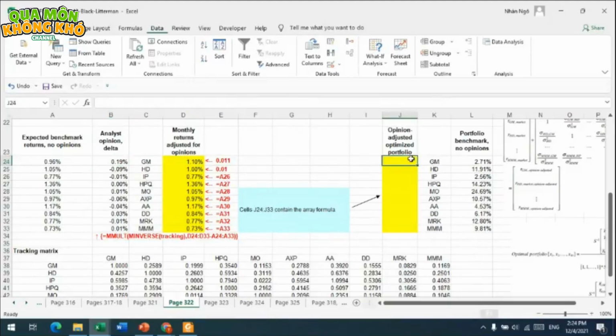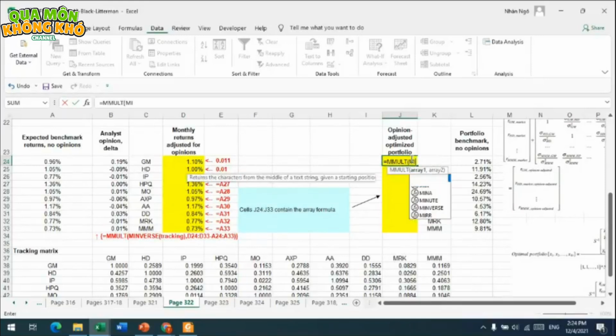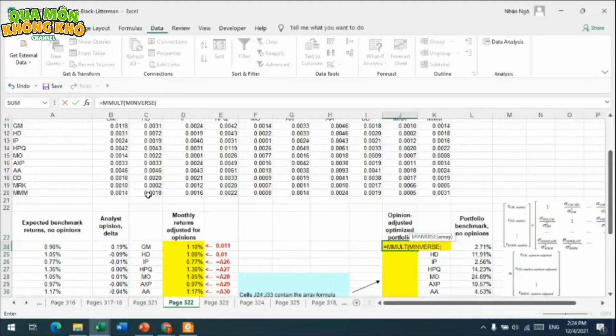So calculate the adjusted optimized portfolio. We will use the same inverse formula here.